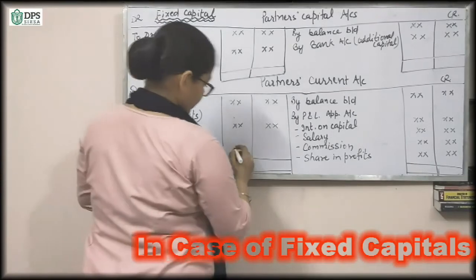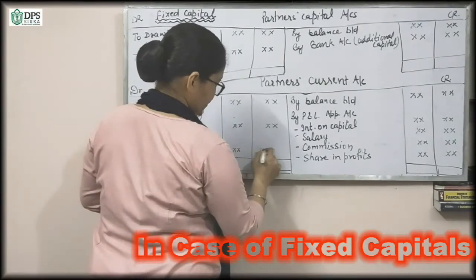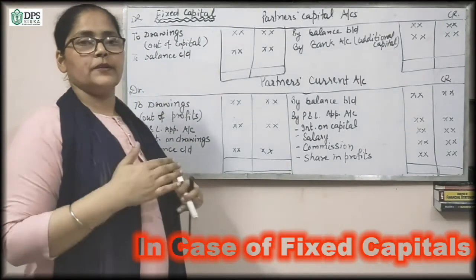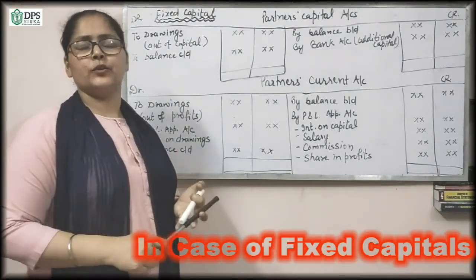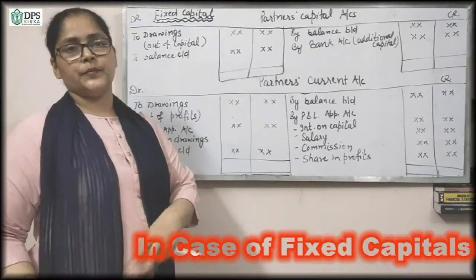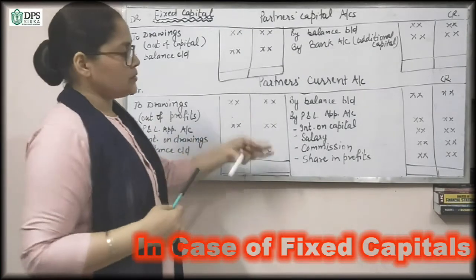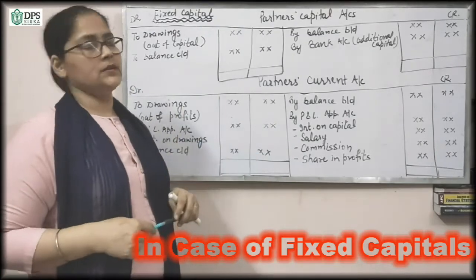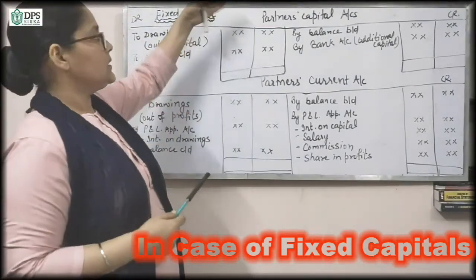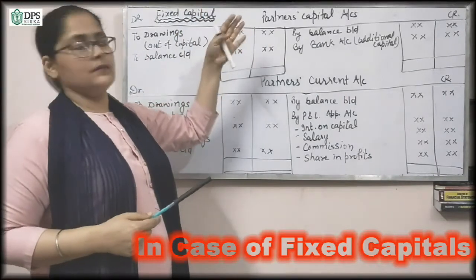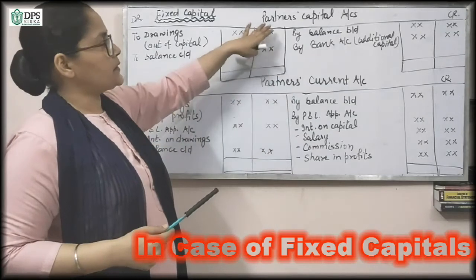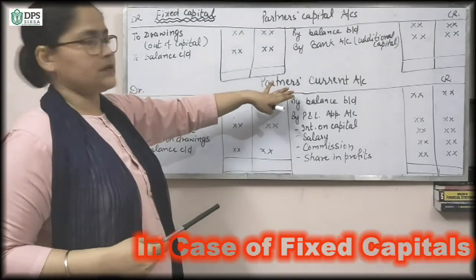So we can say where partners' capitals are fluctuating, we prepare the partners' capital account, and all the entries related to appropriations, whether drawings out of capital, out of profit, or interest on drawings, all come there. If it is a case of fixed capital, then we divide it into two parts, the partners' capital account and the partners' current account.